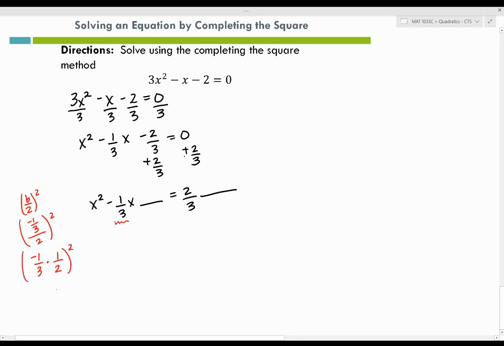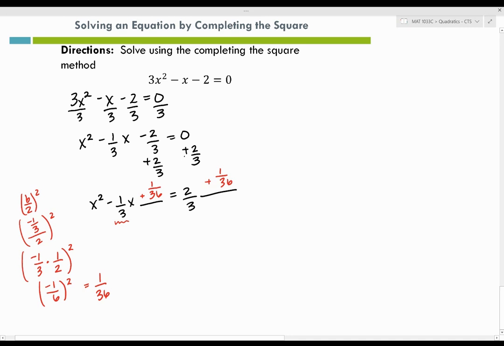I can multiply across, numerator times numerator, denominator times denominator. So that's negative 1 over 6. And then I can square the top and the bottom, which is going to give me 1 over 36. Okay, so 1 over 36 is going to go in both of the blanks.